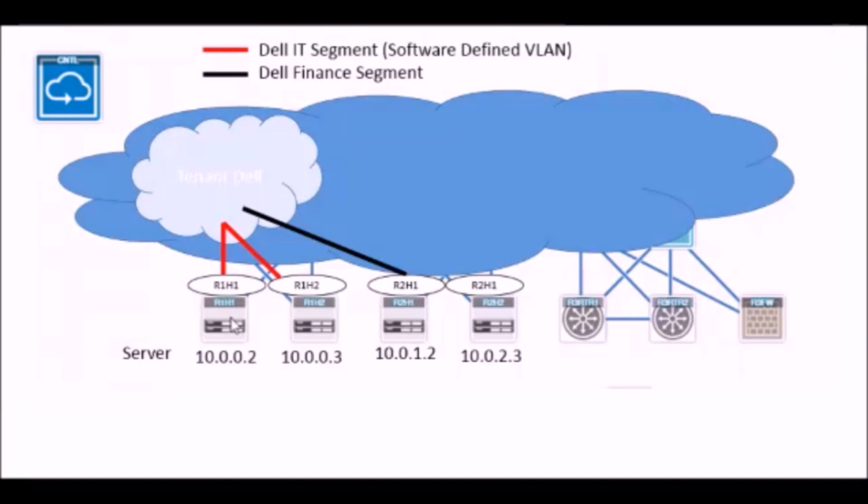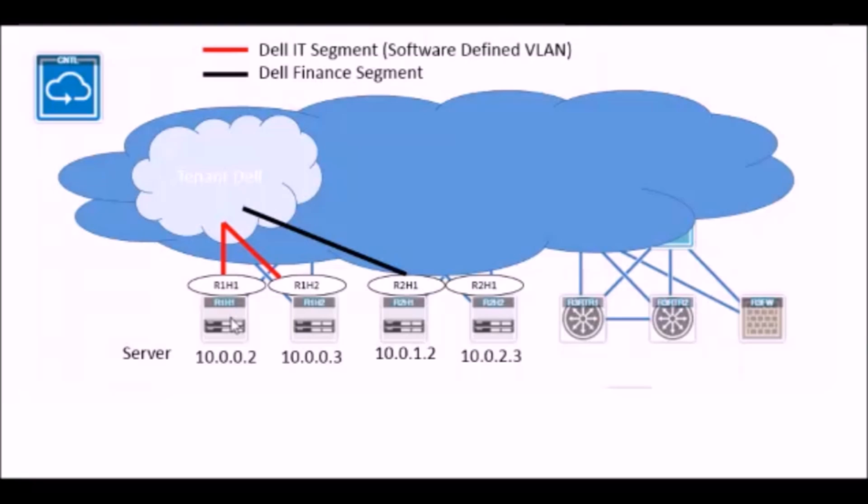I will create a tenant. That's basically a VRF when you work with the physical switches. And I will create the segment IT and the segment finance on the tenant Dell. The segment is more or less a VLAN in the physical world, but the VLAN can be reused.